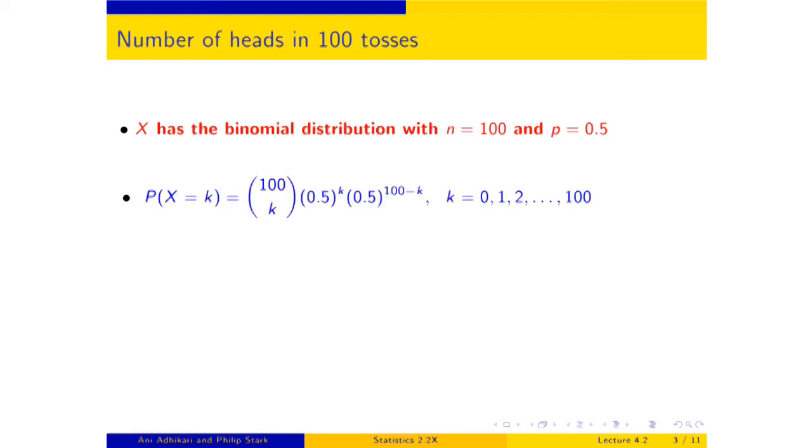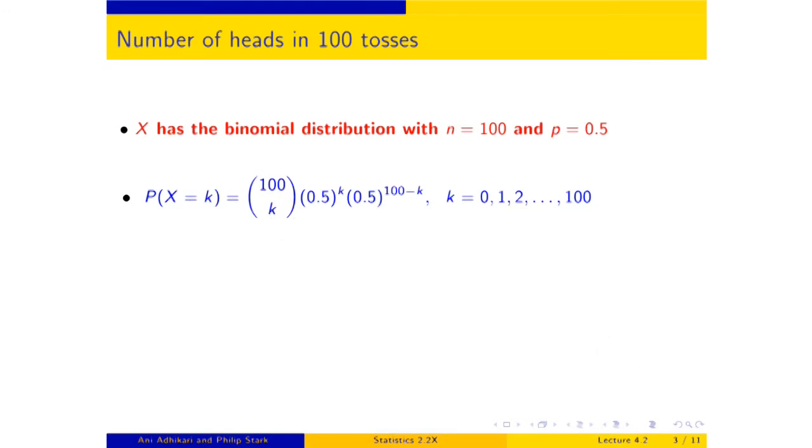Probability formula written out longhand, all that's happened is the 100 has replaced n and 0.5 has replaced p. Now, 100 choose k can be a very, very large number. And so if we can avoid computing this, even avoid asking a computer to compute this, we will.